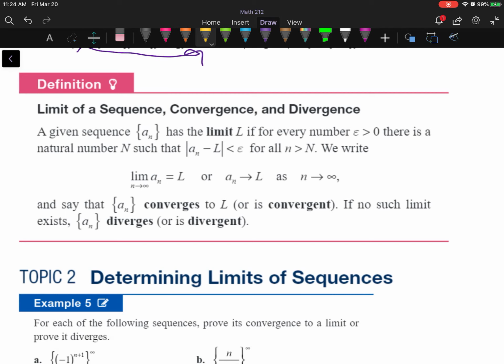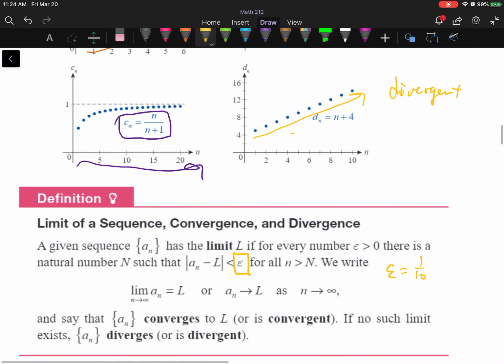But here, this number epsilon acts as an error bound on the limiting value L. Meaning that if someone were to give me an epsilon value, let's say epsilon equals 1/10, I should be able to go to a convergent sequence like sequence C up here, and say that for every term past some big N value, maybe big N is out here, I should always be within 1/10 of our actual limiting value 1.